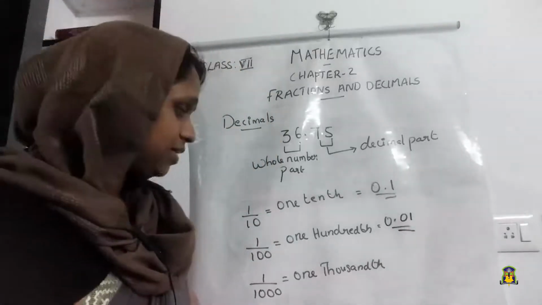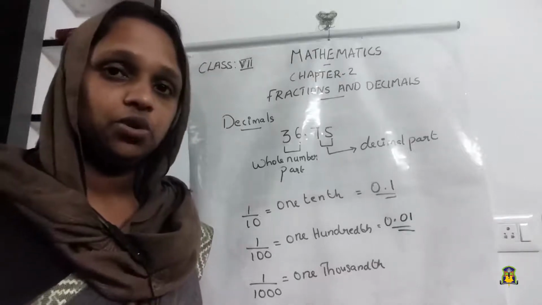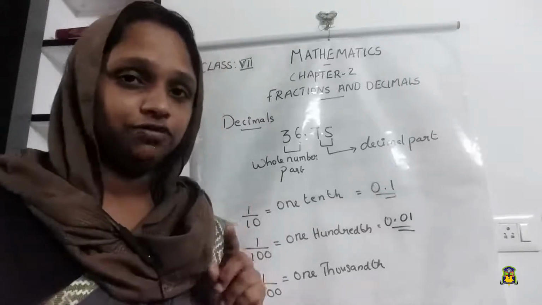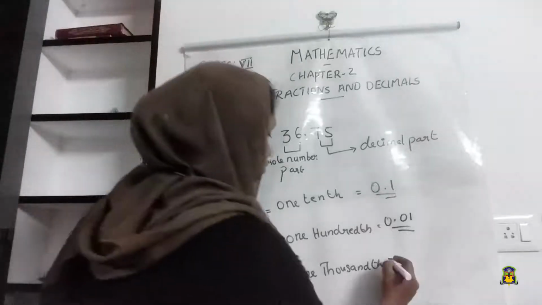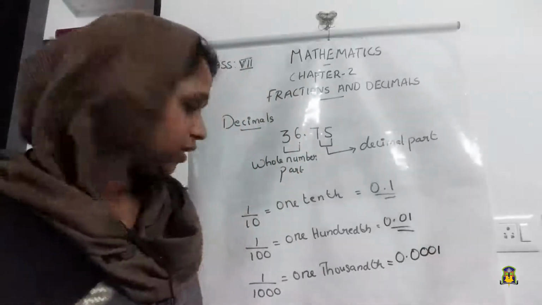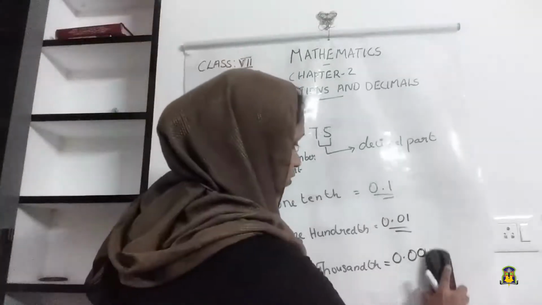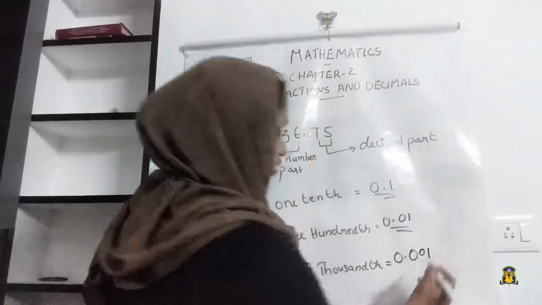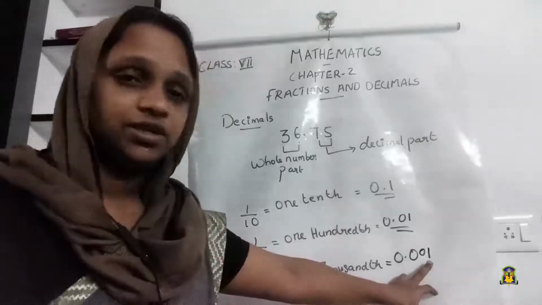Next, 1 by 1000. 1 by 1000 means 1,000th. So how can we write it? Yes, we know we want point after three digits. So 0.001. Okay, repeat, three digits. 0.001. Only see point after three digits.